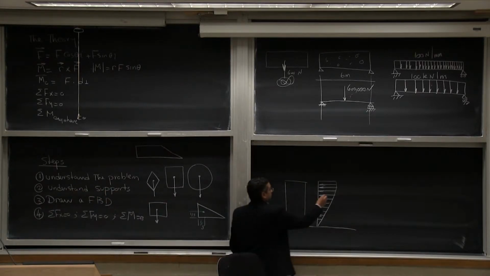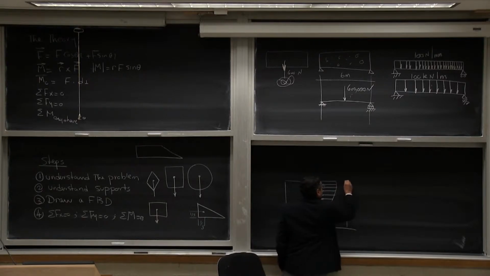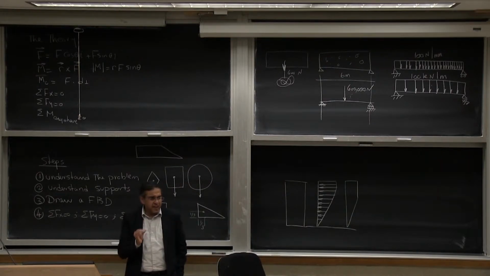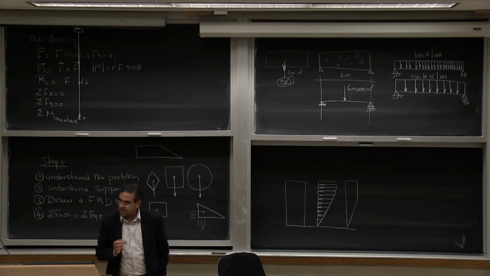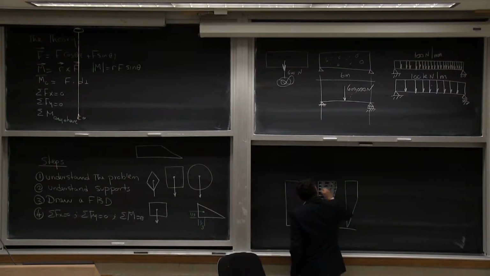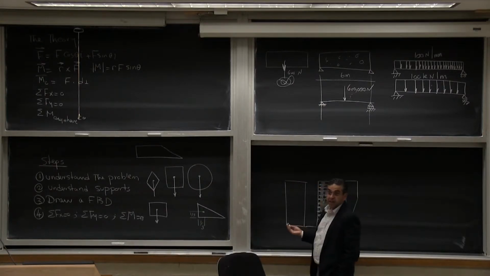We represent it this way. Officially, if you want to find the exact force, you need to find the area under the curve, and that will be calculus. And then find the centroid of this and put the force where the centroid is.